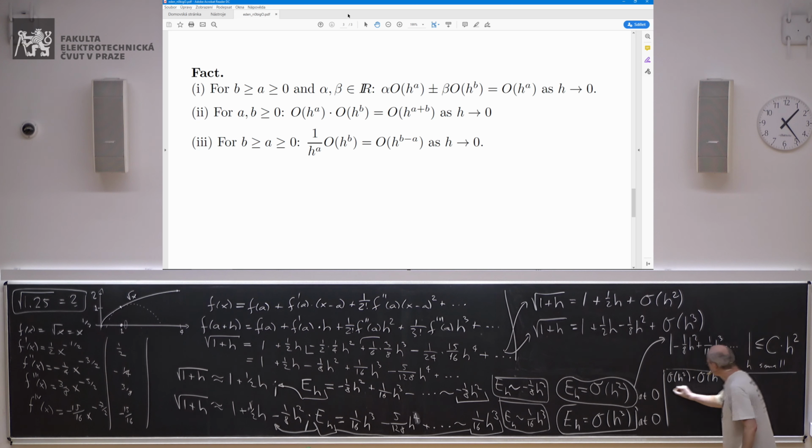Well, how do I imagine it? This is some polynomial which has h squared as a dominant power. So it's some constant times h squared plus another constant times h cubed plus another constant times h to the power 4 and so on. And this gets multiplied by a polynomial which has some constant times h to 4 plus another constant times h to 5 and so on.